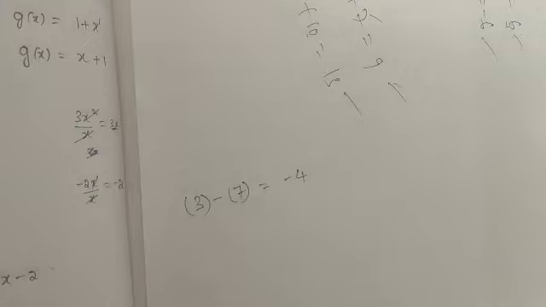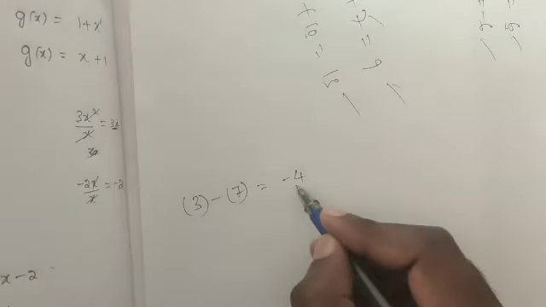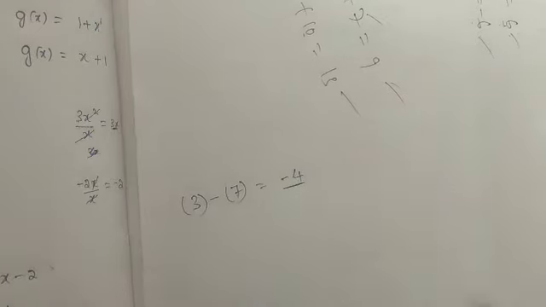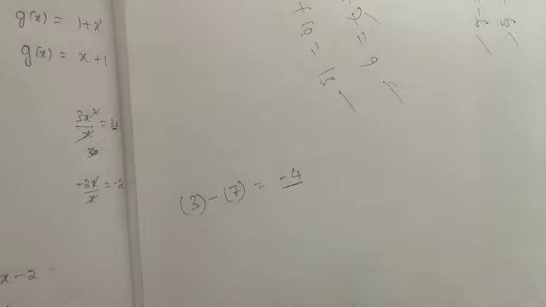The answer is minus 4. Minus 4 is definitely an integer. That means the closure property is applicable for subtraction also. Integers are closed under addition as well as closed under subtraction.